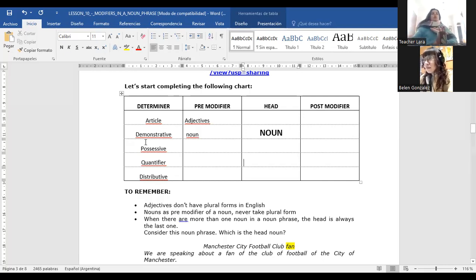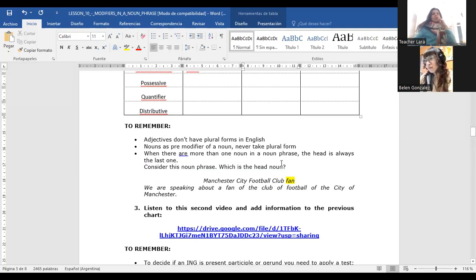So adjectives don't have plural forms in English. Nouns as pre-modifiers of a noun never take plural form. When there are more than one noun in a noun phrase, the head is always the last one. That's important too. Look at the example. Consider this noun phrase; which is the head noun?